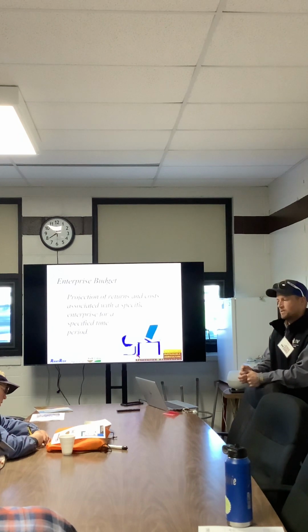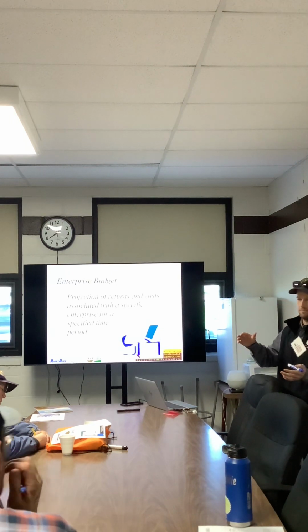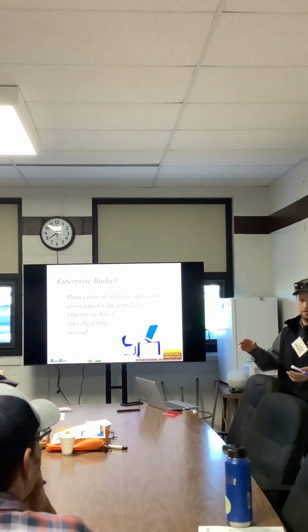So we think about fallow crop ground over the winter, planting corn in the spring, irrigating corn all summer, harvest in the fall, and then fallow over the winter. So that would be our enterprise budget specific period of time.